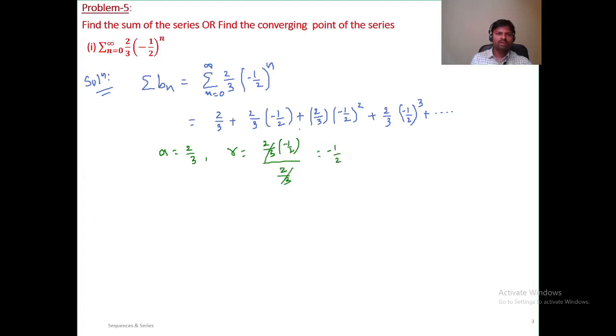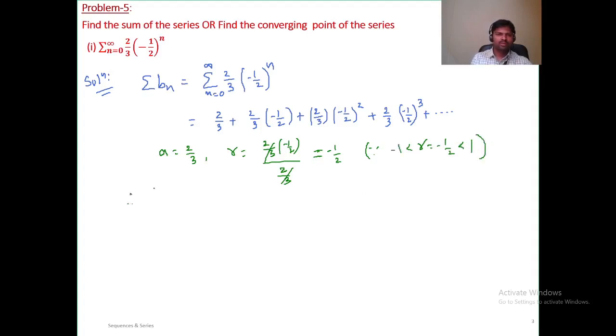Is it same for all? You can look at a3 by a2. What are you getting again? 2/3 cancels out, minus 1 by 2 one time cancels out, minus 1 by 2. Again a4 divided by a3, again same. You have to get the same ratio, then only it is in geometric series format. And since r is lying in the interval minus 1 to plus 1, the condition is satisfied.